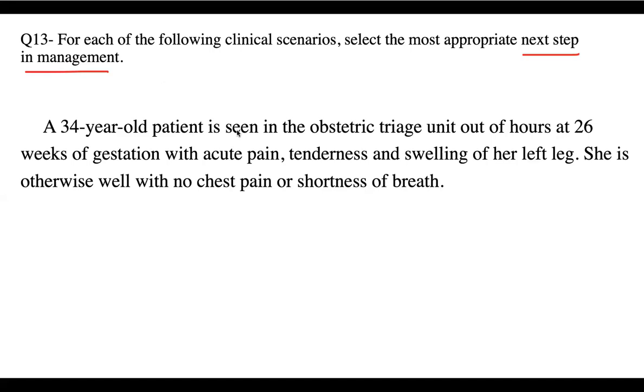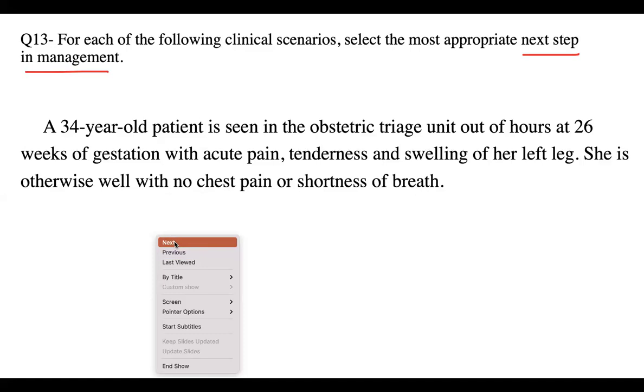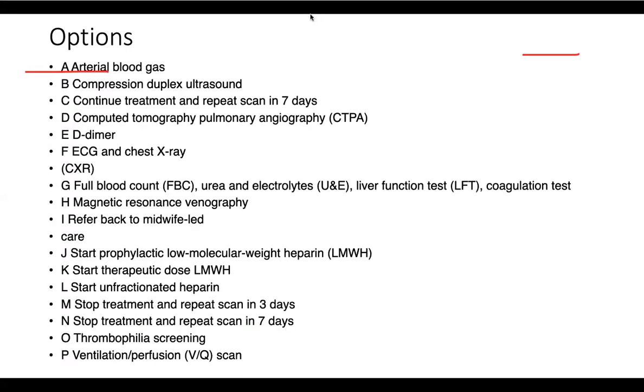Yes, starting on the heparin, even though the heparin is recommended before the scan. Before starting on heparin, is there anything that we can do? Let's have a look at the options. These are the options of this EMQ.